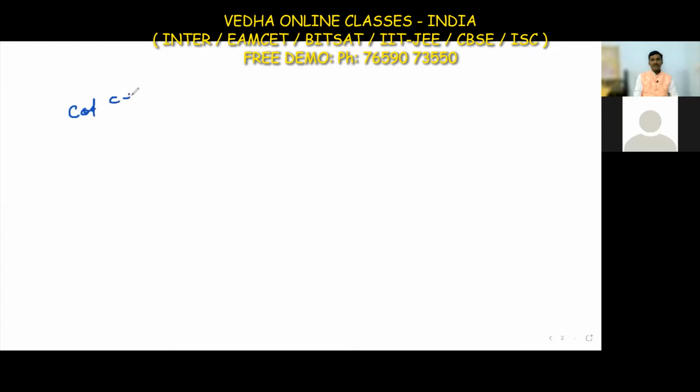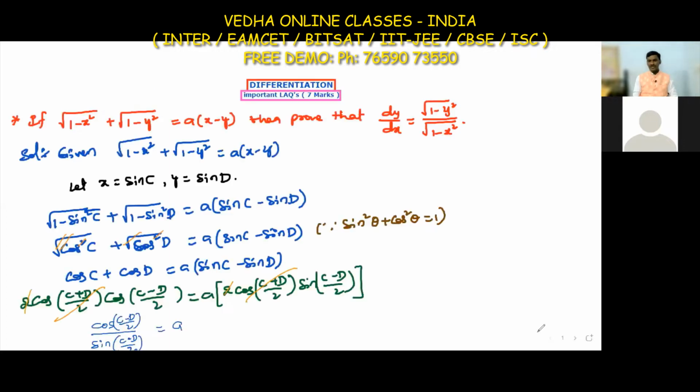So we get cot of c minus d by 2 is equals to a. Cos by sine is cot of c minus d by 2, is equal to a.